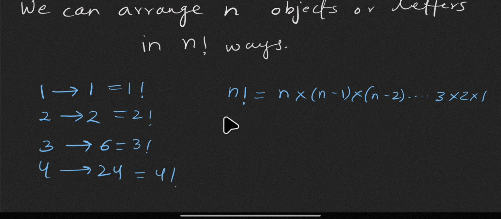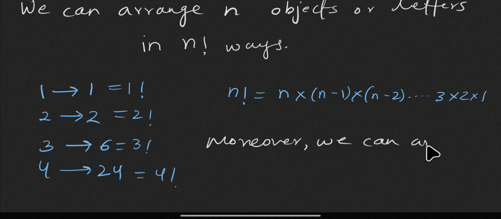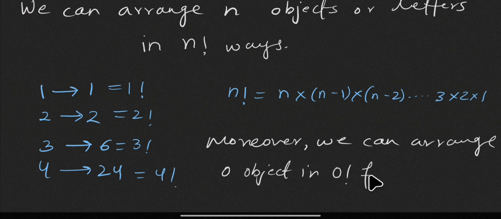Moreover, we can arrange 0 objects in 0 factorial ways, that is 1 way, as we had already discussed: we can arrange 0 elements in one way.